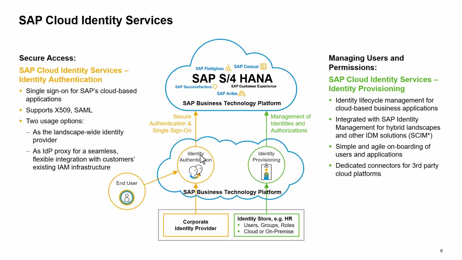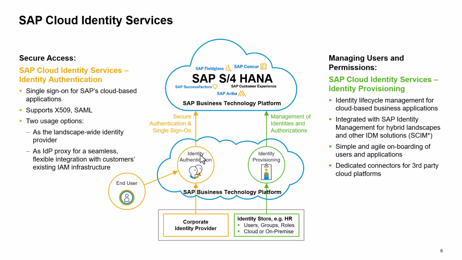Many customers choose to integrate IAS with their existing single sign-on infrastructure so that end users enjoy single sign-on into S/4HANA Cloud, or they are using the same authentication mechanisms that they use for all their other corporate applications. And IAS is very robust in terms of capabilities, so you can maintain conditional authentication, meaning, for example, if the user's in the office, they can enjoy single sign-on, but if they're out of the office accessing S/4, they can be forced through two-factor authentication.